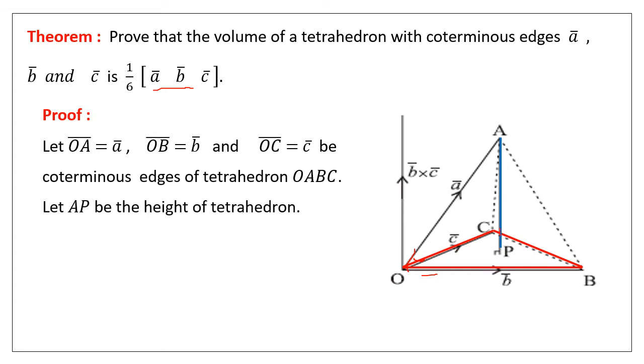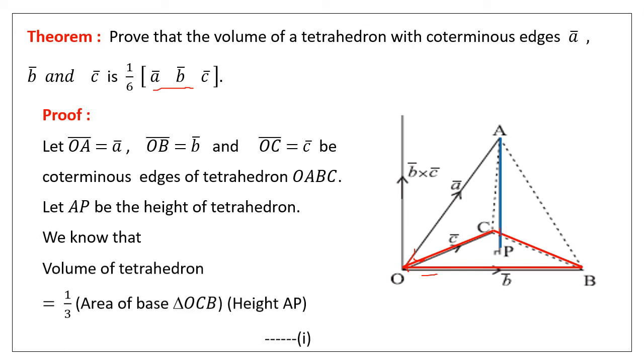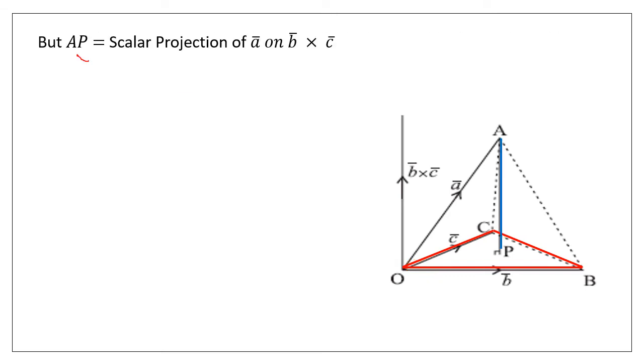Let AP be the height of the tetrahedron. We know that, student, the volume of a tetrahedron is equal to 1 by 3 into the area of the base triangle OCB, which is red in color, into the height AP. AP equals the scalar projection of A bar on B bar cross C bar.